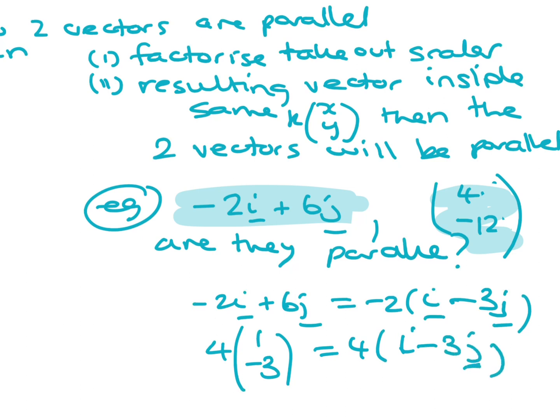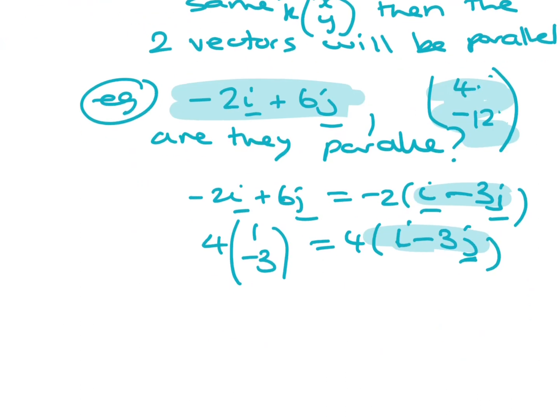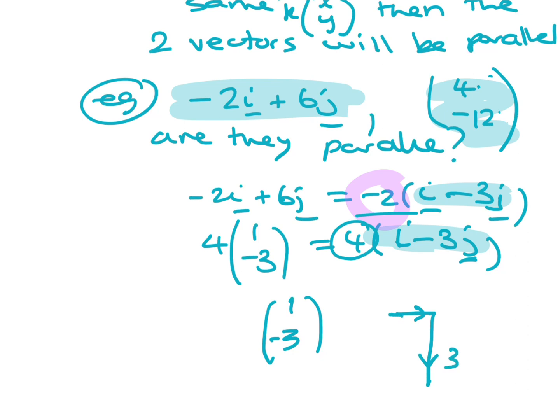What I want you to notice is they have the same base vector. The only difference is that the minus 2 means it is in the opposite direction, and this 4 is positive, so it's in the positive direction. If you've got 1, minus 3, that means you go across 1 in the positive direction and down 3. And that's what your vector would look like.